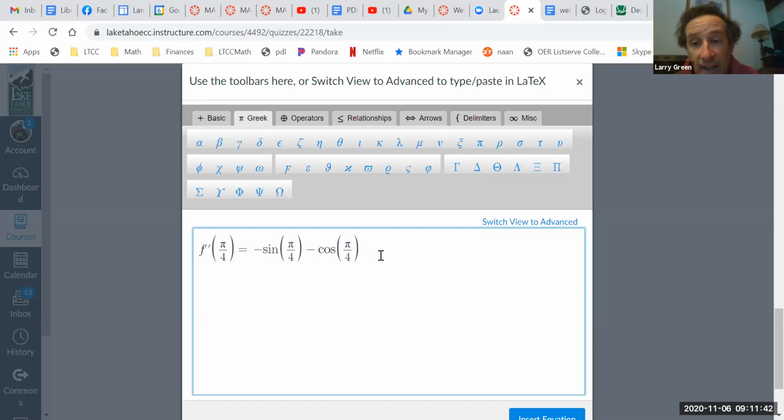Shouldn't even need a calculator. I don't even want a number. I want positive, negative, or 0. That's all I care about. It's negative, because we're in quadrant 1, sine is positive, cosine's positive, so we get negative minus a positive, and that's just a negative number. Don't need a calculator or anything.